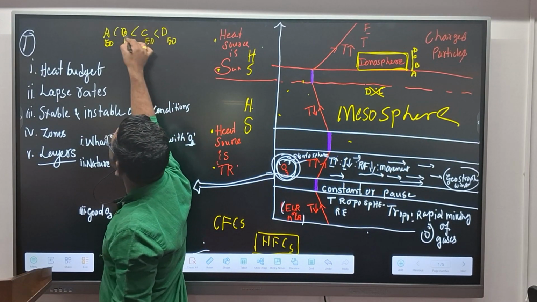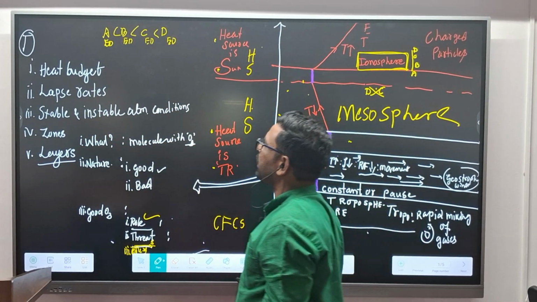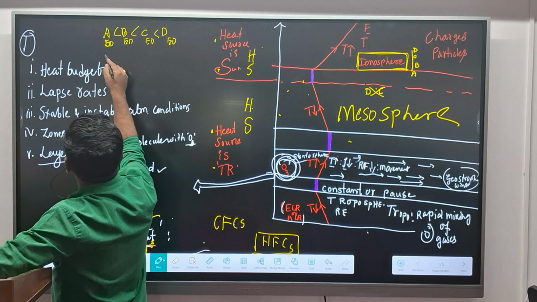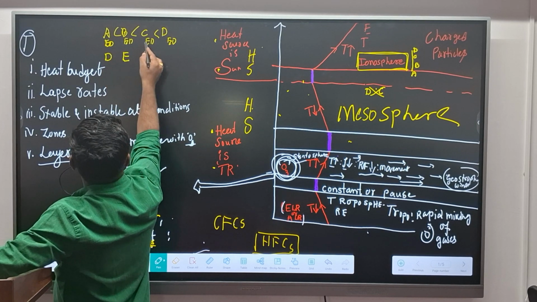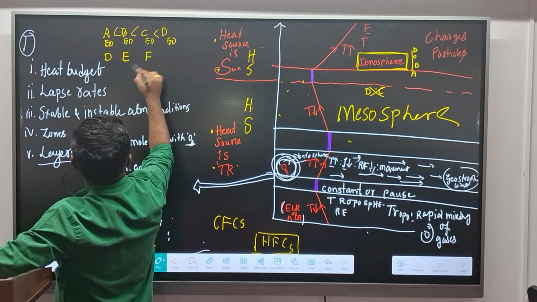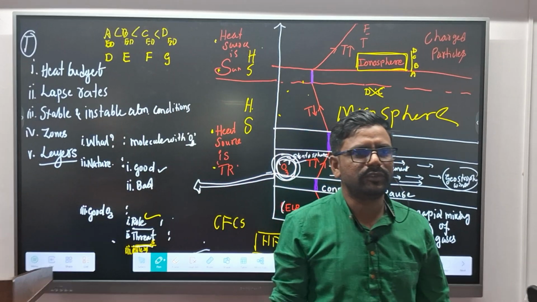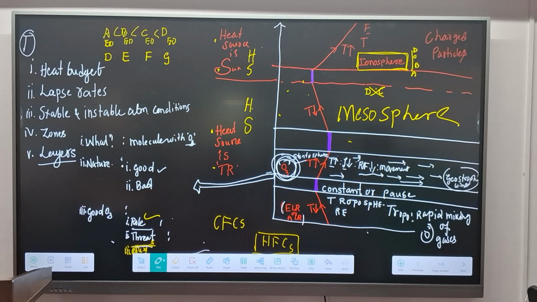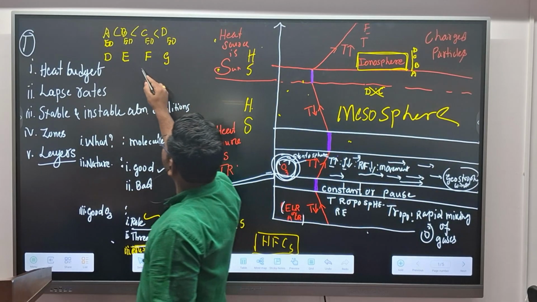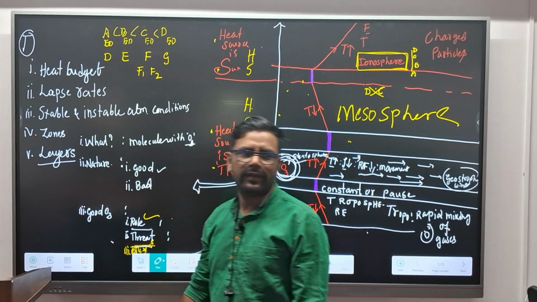Can I write like this? Technically we call A as D, C as E, this as F, and this as G. Understood? D, E, F, G. F we then consider as F1 and F2.